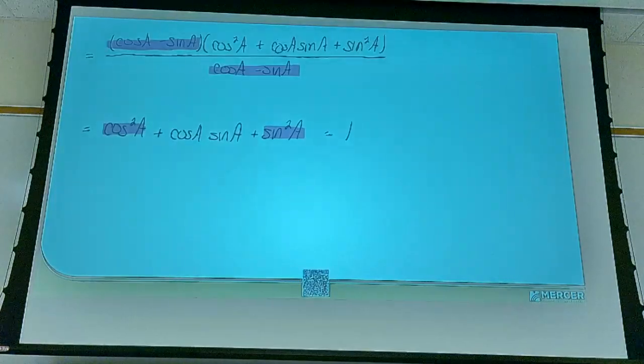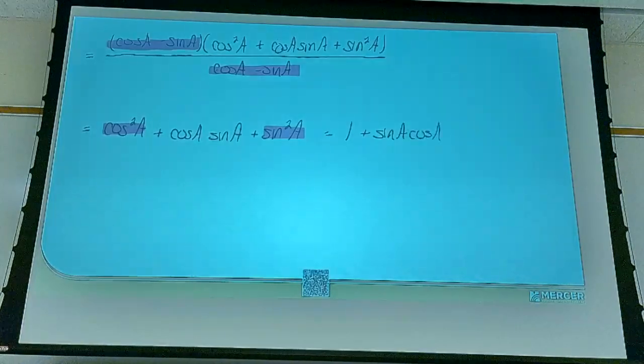The order in which you do the multiplication doesn't matter, right? Cosine times sine, the same as sine times cosine. Isn't that what we wanted?